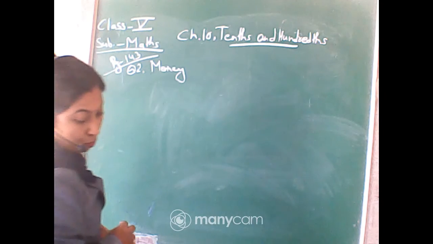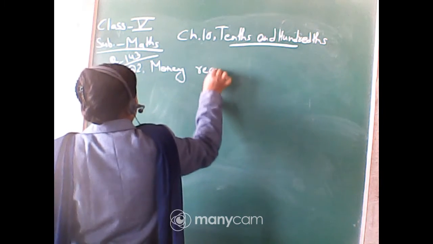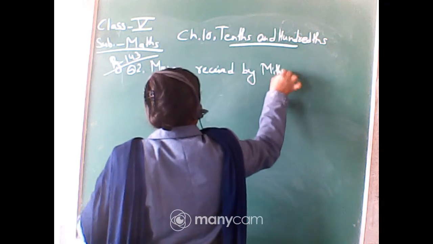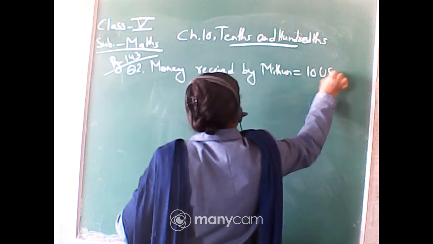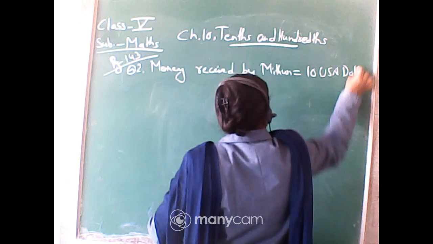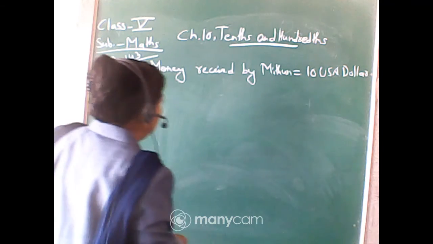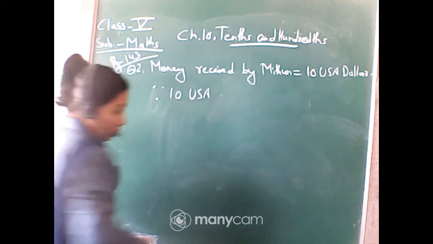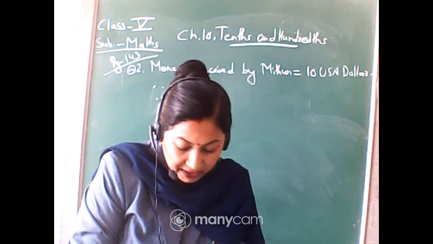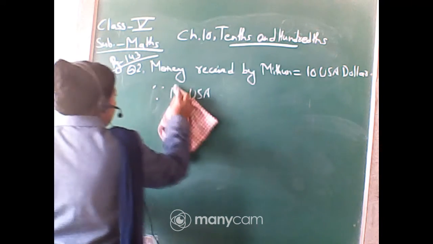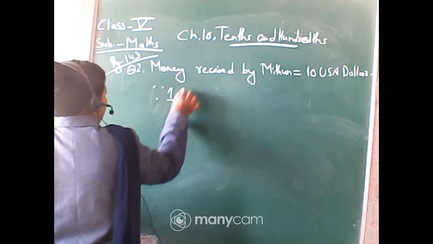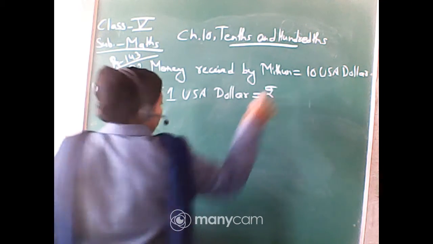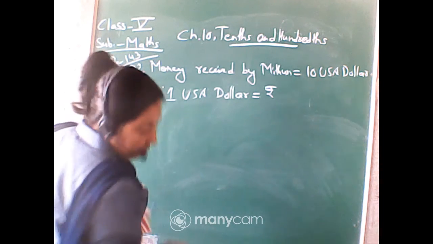Money received by Mithun is equal to 10 USA dollars, and from the table we know that 1 USA dollar is equal to rupees 39.70.